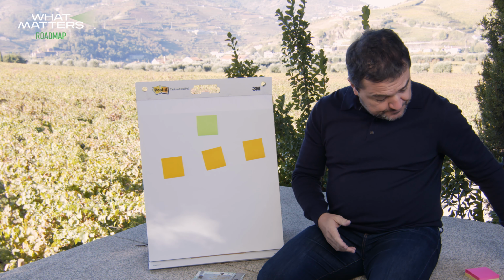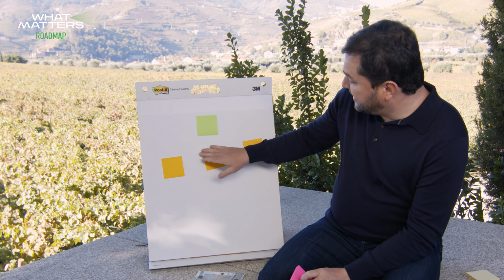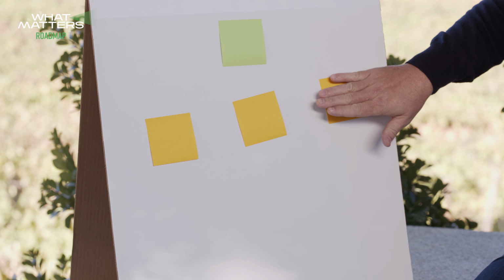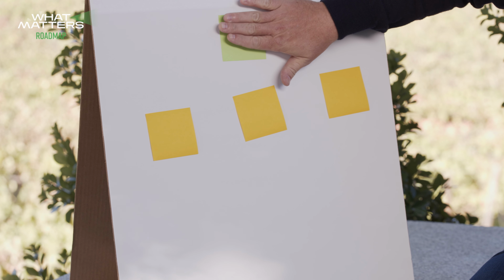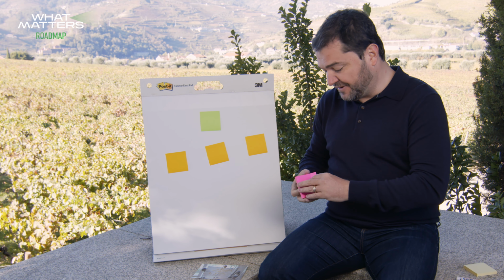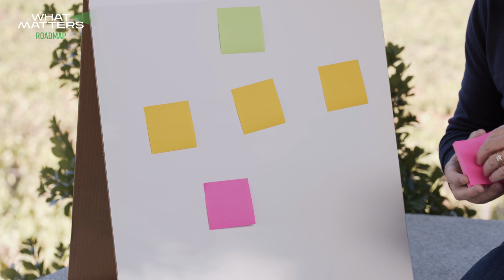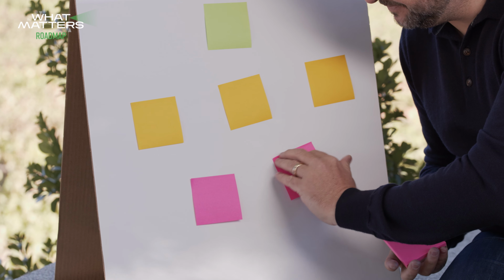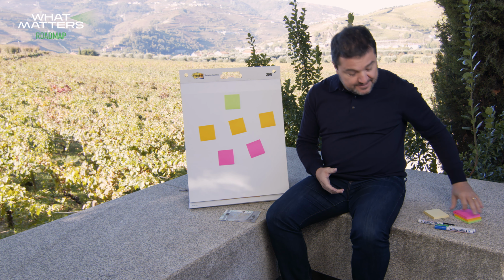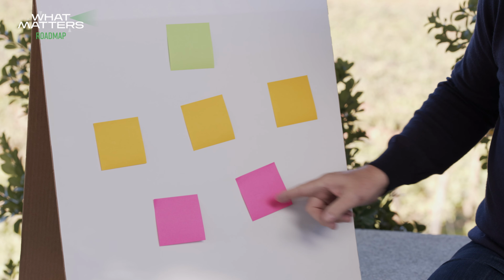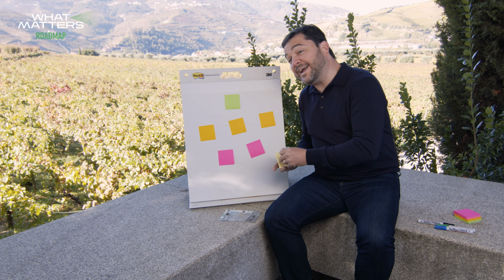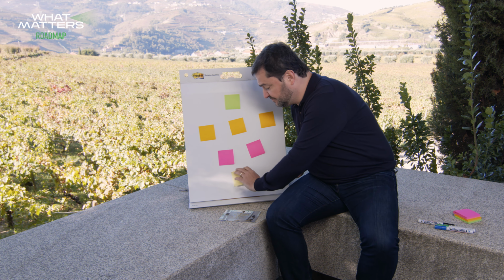Then you should go down and say, okay, to reach this in 2 to 3 years, to reach my North Star in 5, what do I need to do next year? And then finally you say, okay, to do this next year, what do I need to do now?